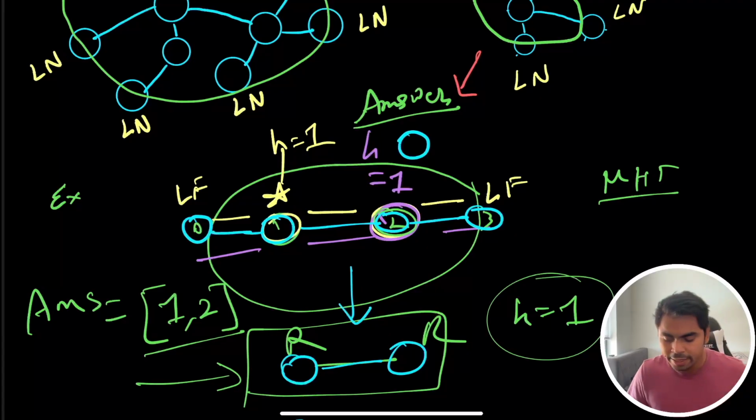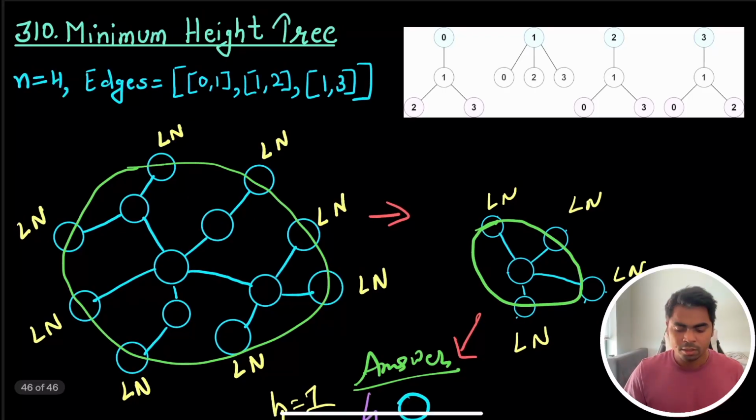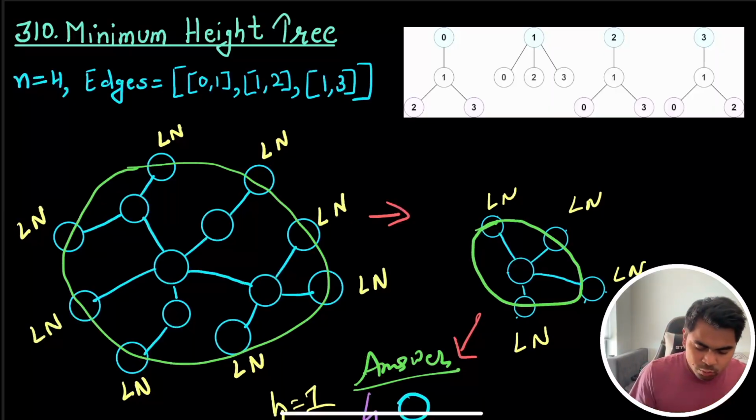All right, that is why our steps are, honestly, like a BFS, but a smart BFS, because rather than choosing each node and then running a BFS and finding the height, and doing that for all the nodes.